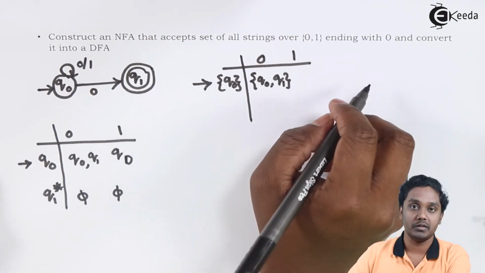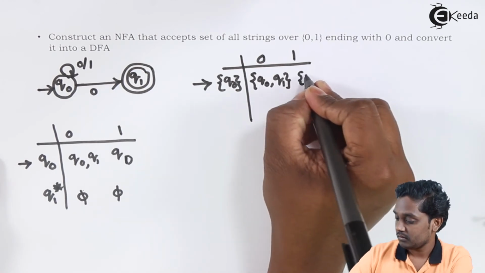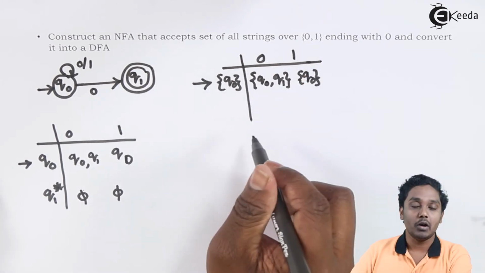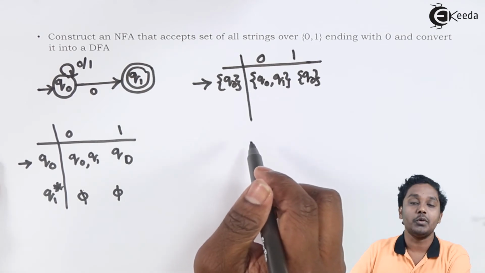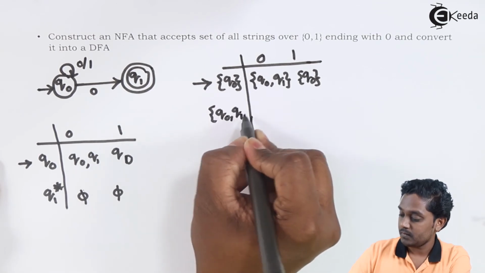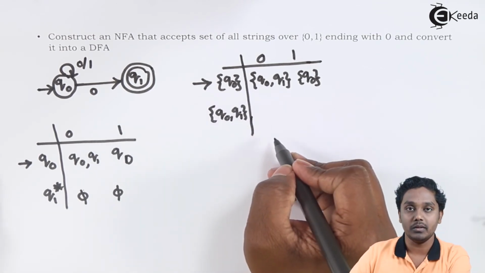Q0 has a transition to itself on encountering 1. We have encountered a new state, the combined state of Q0 and Q1. Let us see the transition of Q0, Q1 on the symbols 0 and 1.